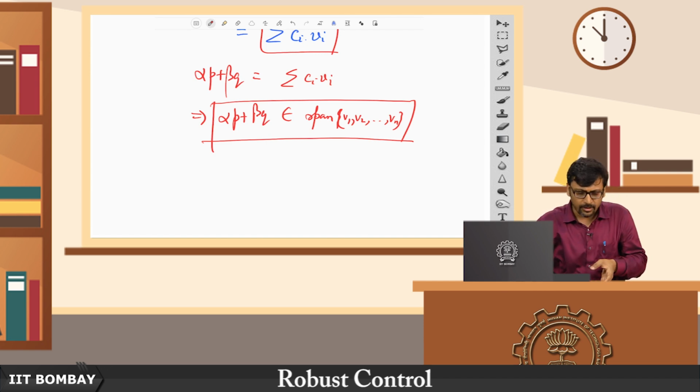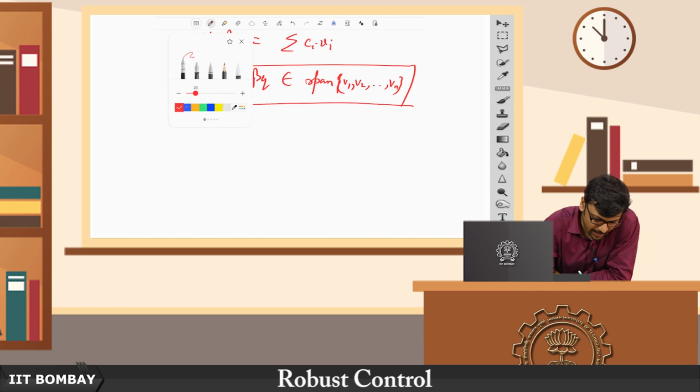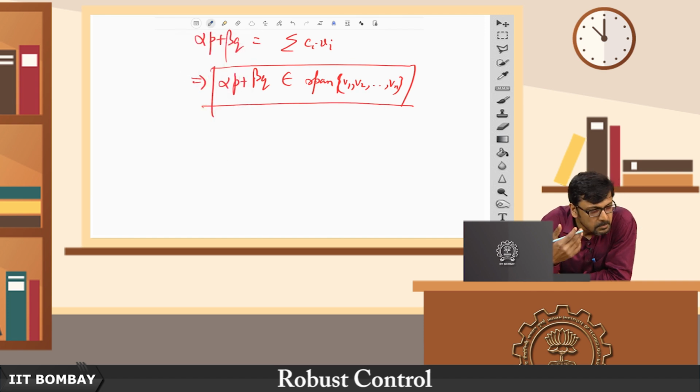So, we have assured ourselves of this, but the moment we come across this thing called a span, something else hits us immediately, and this term you might be familiar with from earlier on. That term is something called a linear combination.